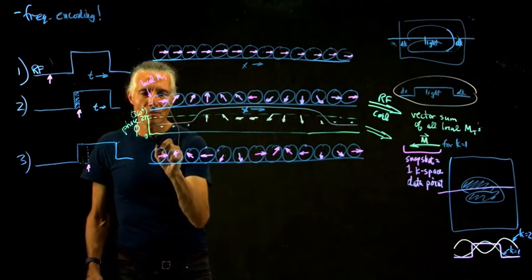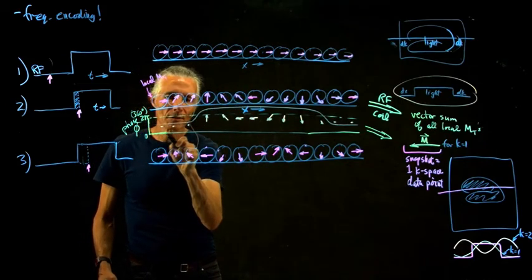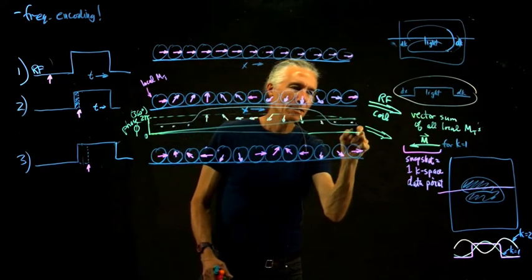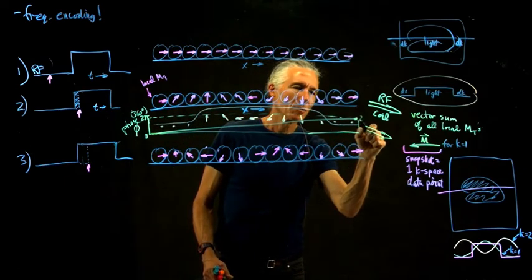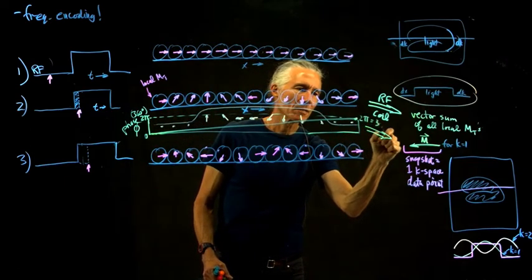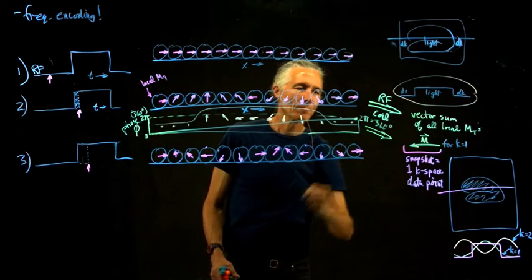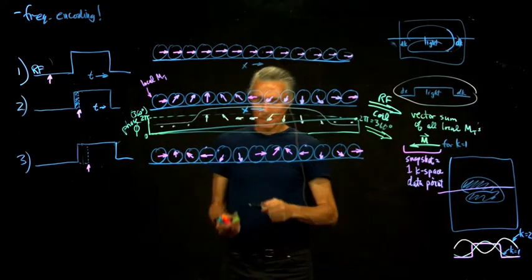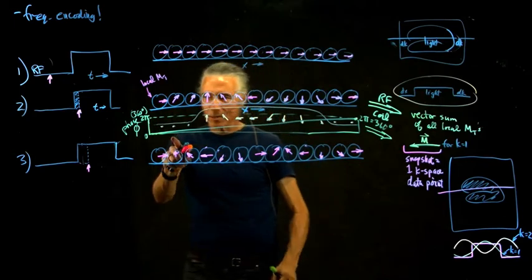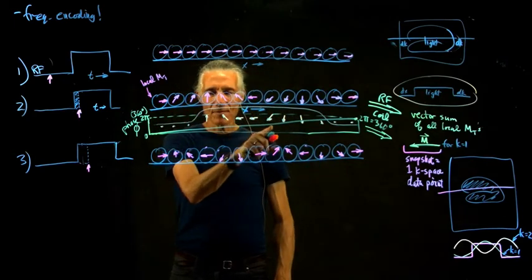The phase would be unchanged here, and it would slowly ramp up like this until it got up to 2 pi, 360 equals 360. So that's spatial frequency 1 wrap in phase.